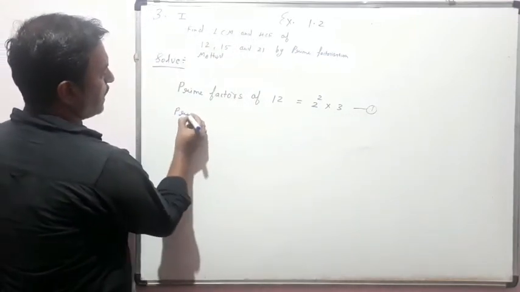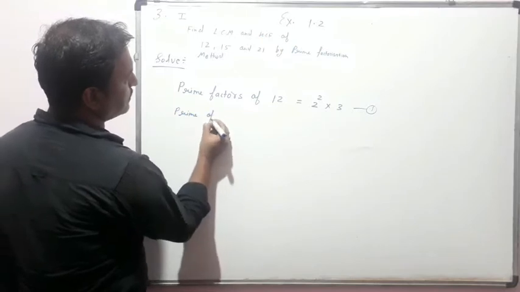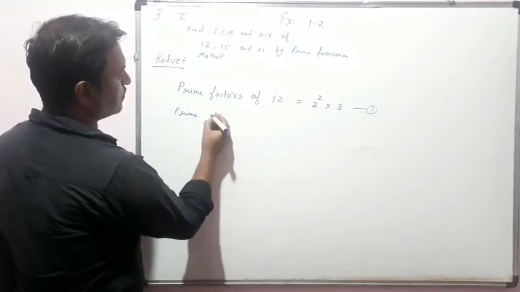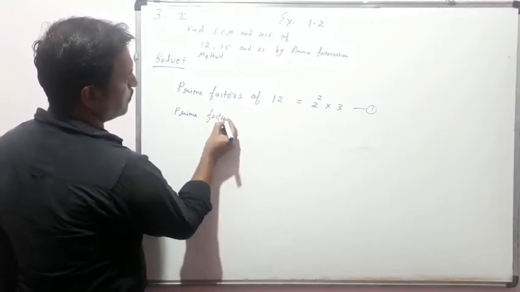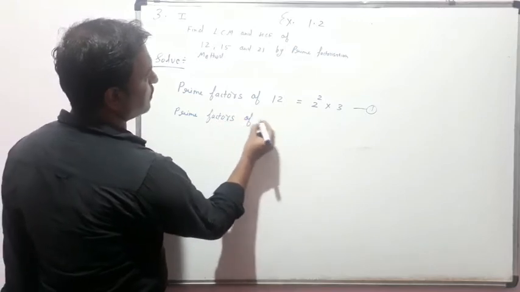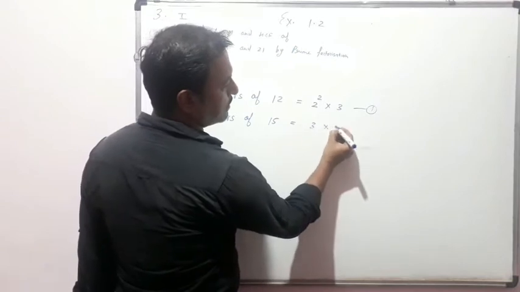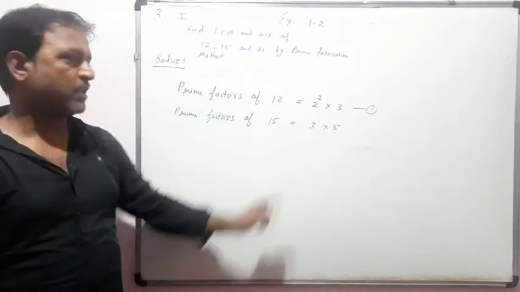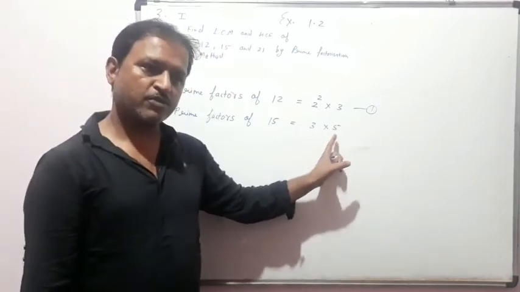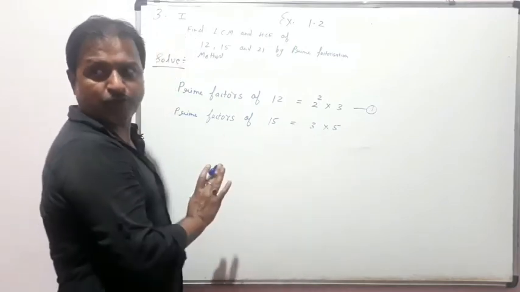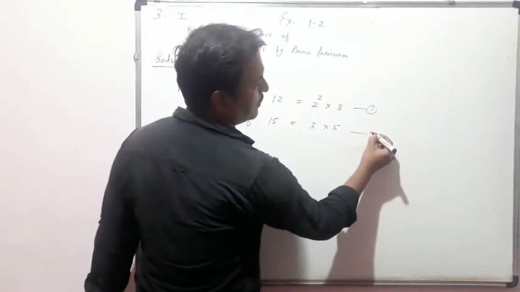Now find the prime factors of the second number, 15. 15 can be 3 into 5. Now 3 and 5 both are prime numbers, so the prime factors of 15 will be 3 into 5 only, right? This is our equation number 2.